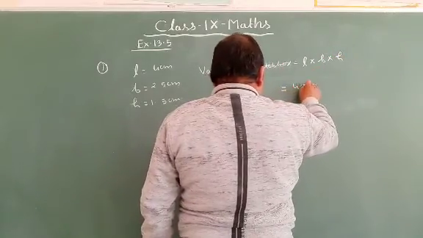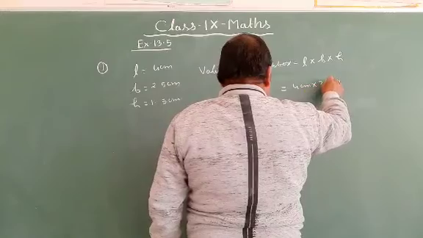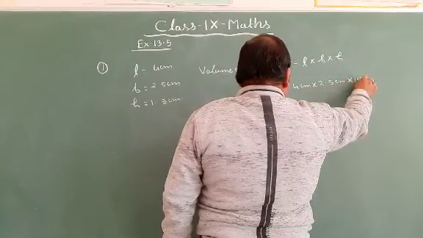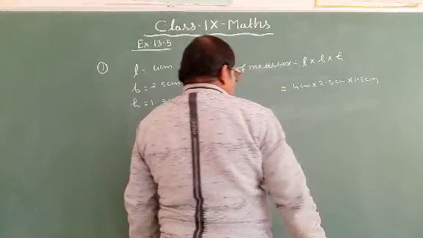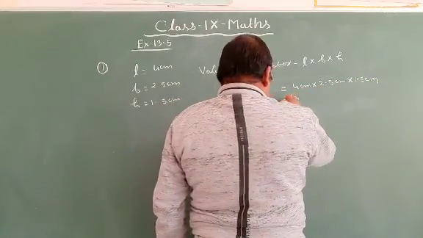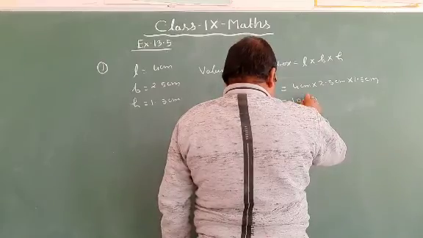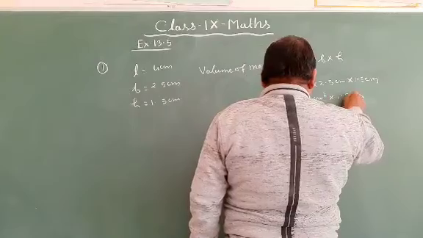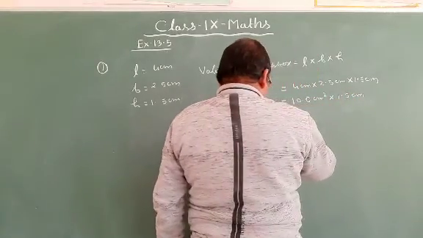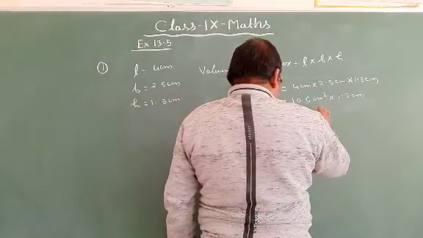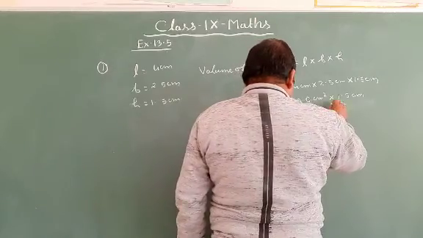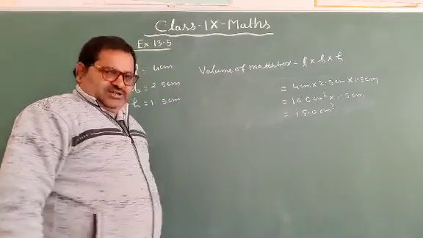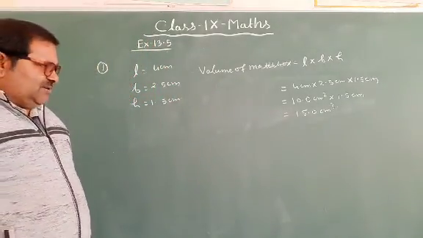So 4 centimeter into 2.5 centimeter into 1.5 centimeter. 4 times 25 is 100, so 10.0 centimeter square into 1.5 centimeter is 150 centimeter cube. That is, 150 centimeter cube is the volume of a matchbox.